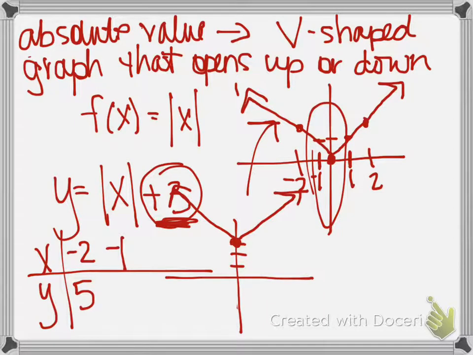If x is -1, the absolute value of -1 is 1 plus 3 is 4. The absolute value of 0 is 0, 0 plus 3 is 3. The absolute value of 1 is 1 plus 3 is 4. The absolute value of 2 is 2 plus 3 is 5. So you could graph these points on the line to get your values.